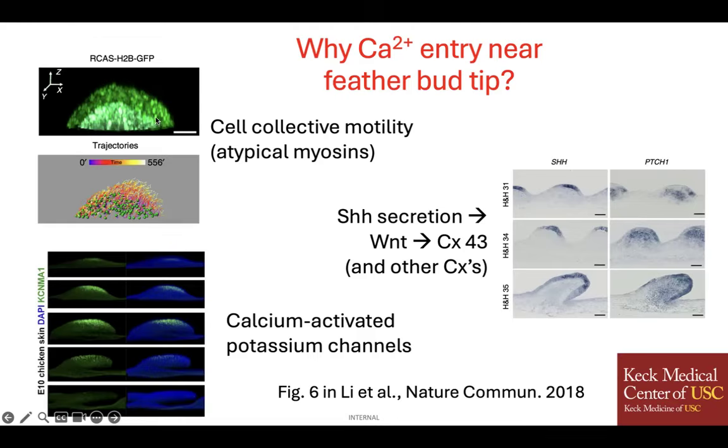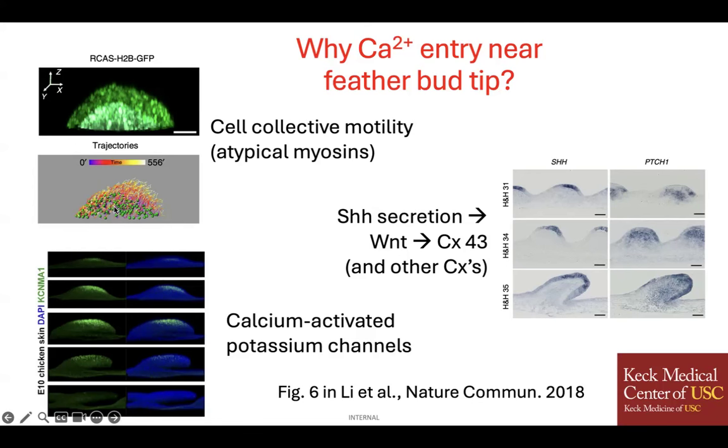So here we have the feather bud. The lower part, which is more dense in cells, is the mesenchyme, and on top is the epidermis. What you can see is that this is imaging over the time course of many, many hours.